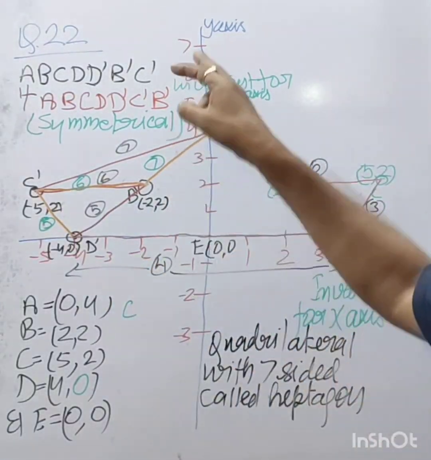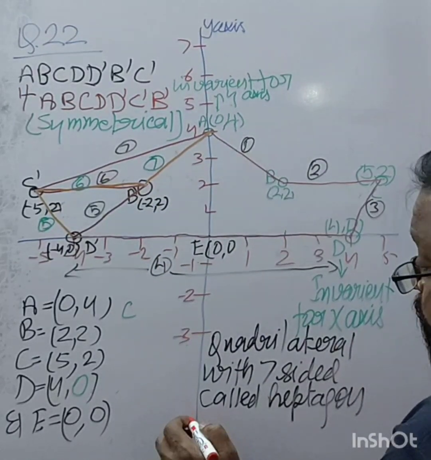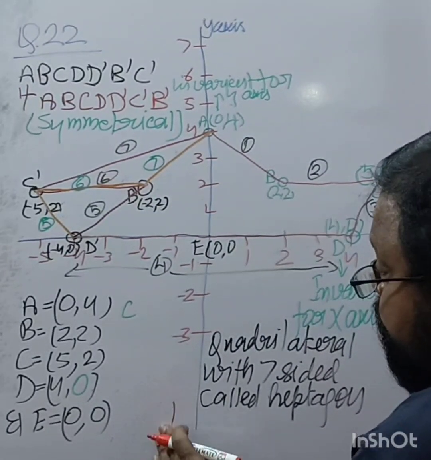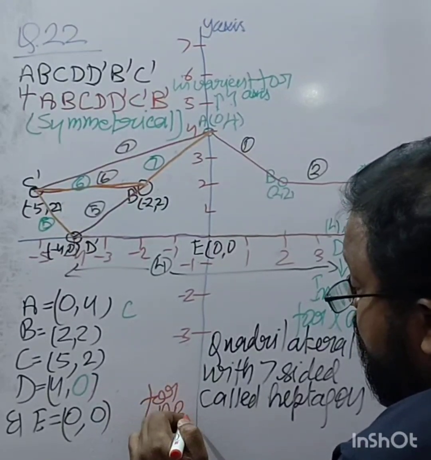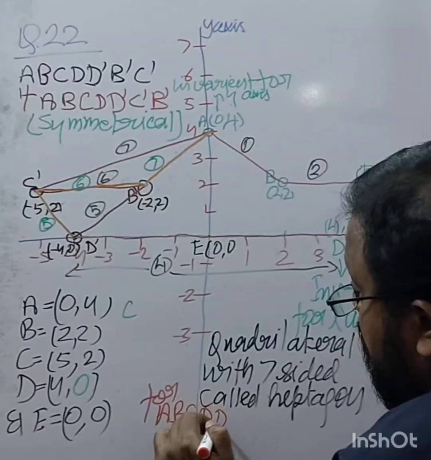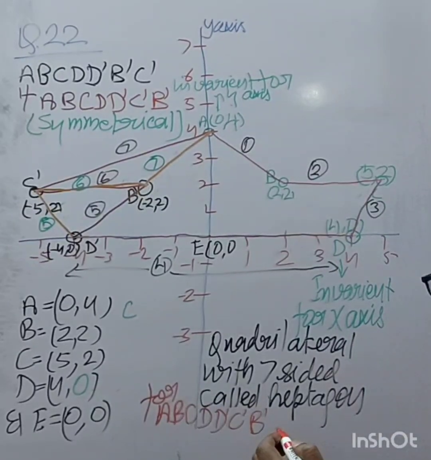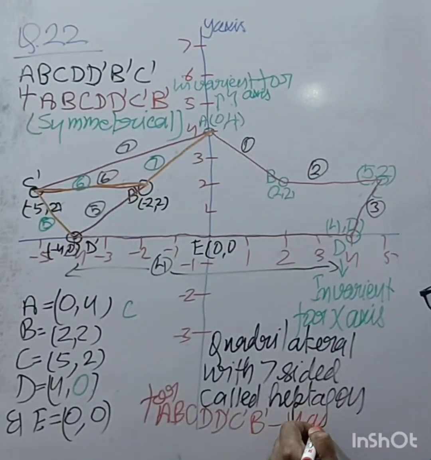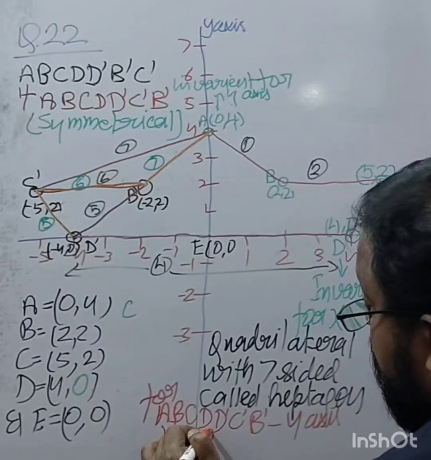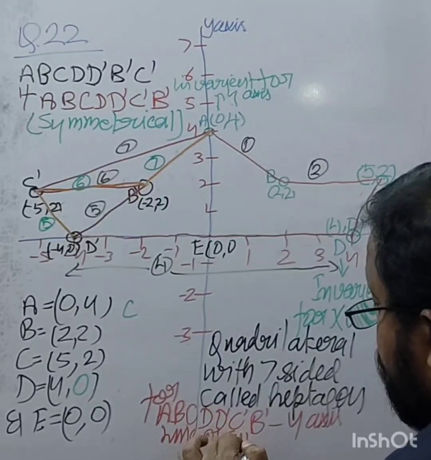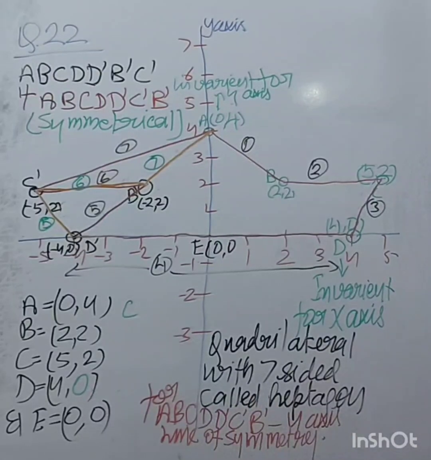Geometrical is not wrong, but this is geometrically symmetrical. Symmetrical is what? The y-axis is the line of symmetry for A, B, C, D, D dash, C dash, B dash. So the y-axis is the line of symmetry, right?